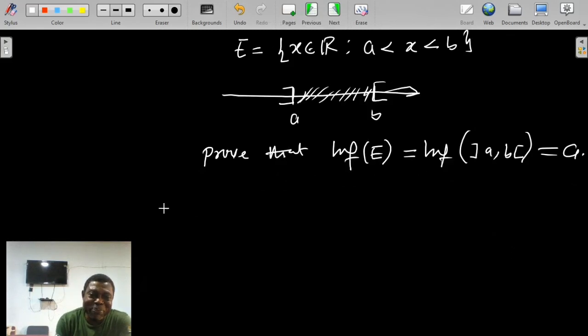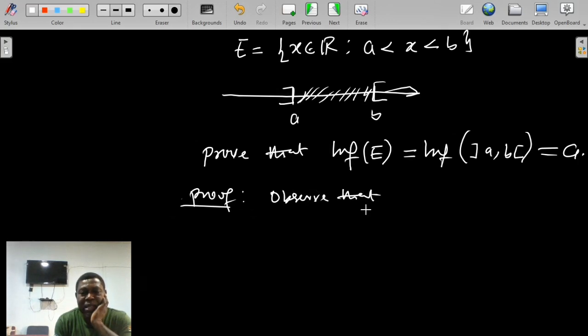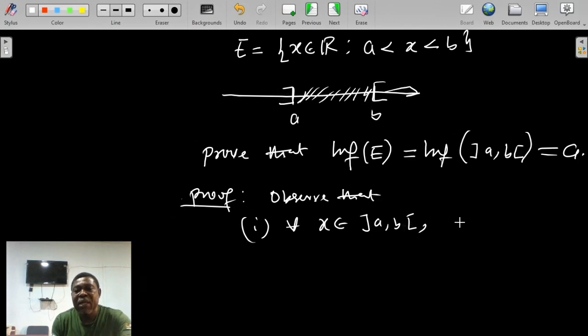So how do we go? The proof goes thus. Proof. Observe that for any x we pick in the interval (A, B), A is less than or equal to x.